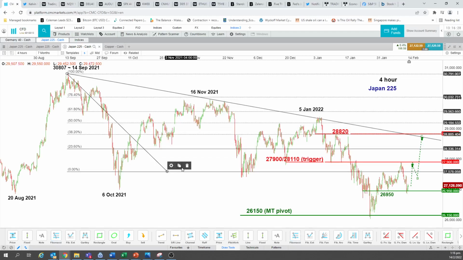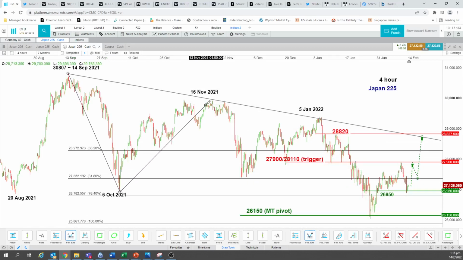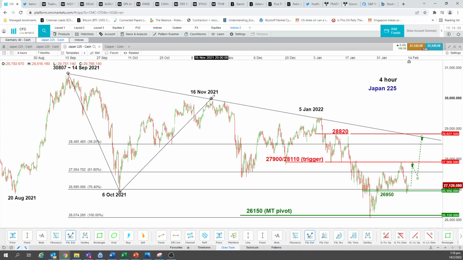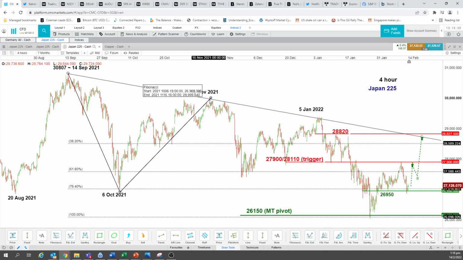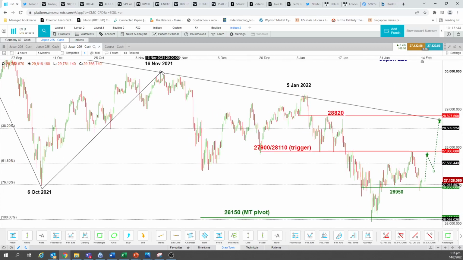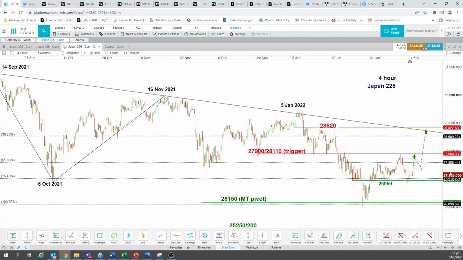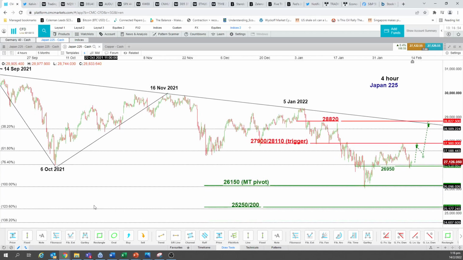Let me do it again. The 14th of Sep to the 6th of October, then project it up to the high of the 16th of November, at this 1.236 Fibo expansion level.